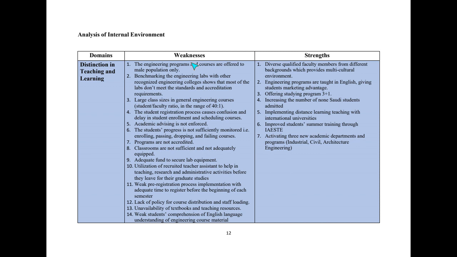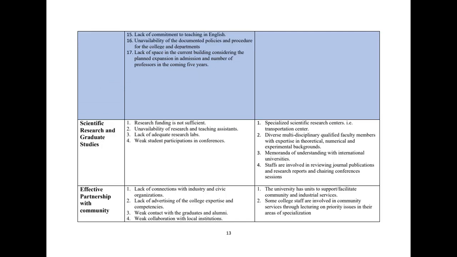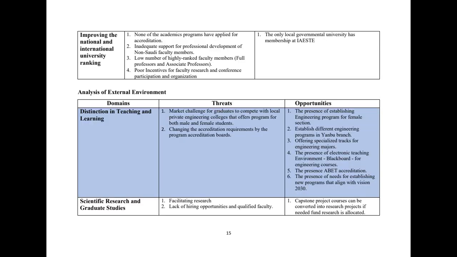For the weaknesses in the distinction in teaching and learning, we have plenty. And also for the strengths, we have a couple here. I will show you where the link comes from.